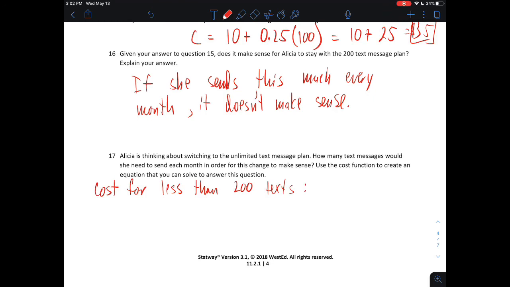That was the $10. And then if she sends anything over 200, then that would be 0.25 times the number of texts afterward. So maybe instead of saying cost for less than 200 texts, we'll just say her original plan. Cost for original plan.